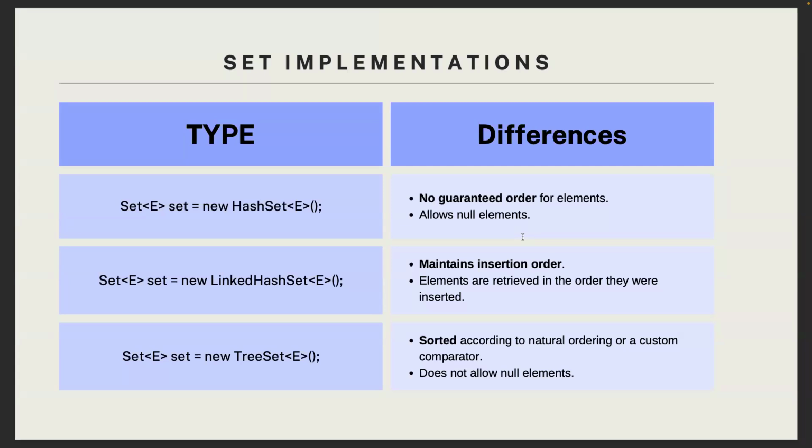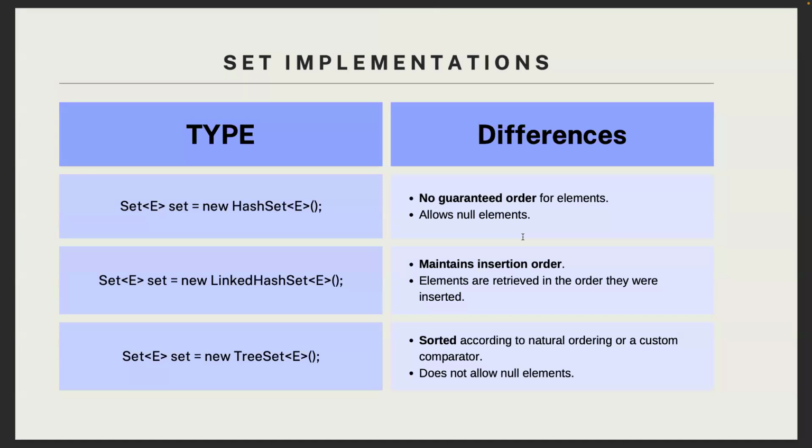Whoever comes into the class first gets that seat, second gets that. Elements are retrieved in the order they were inserted. First element gets out first, second element second, third third.